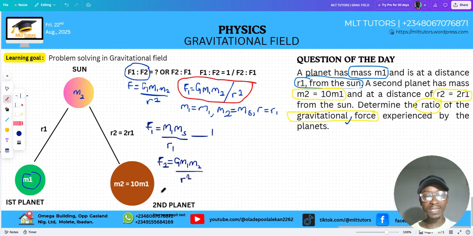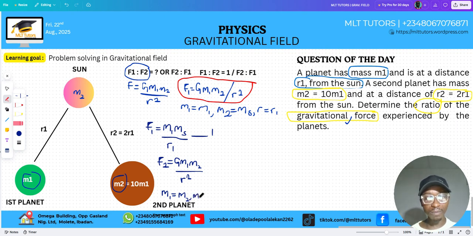Then in this case, the mass of this planet is m2, which is actually the m1 in this formula. That means the m1, which is the mass of the second planet, is equal to m2. I mean, it is m1 because of the formula, not the m1 of the first planet. And in the second planet, the m1 is the mass of the second planet, which is actually m2. I hope that is clear.